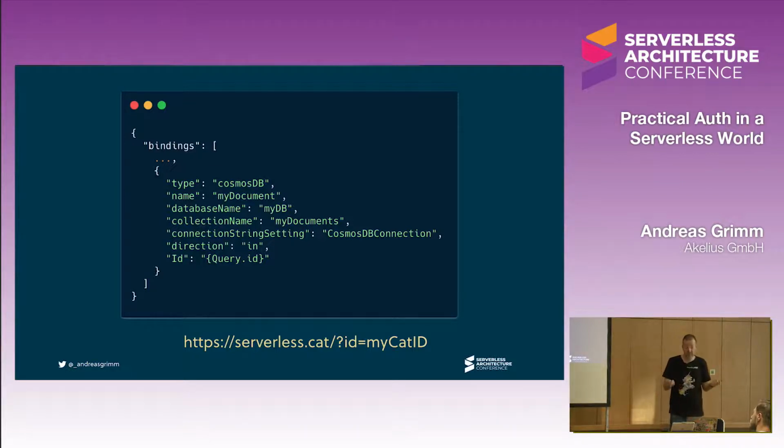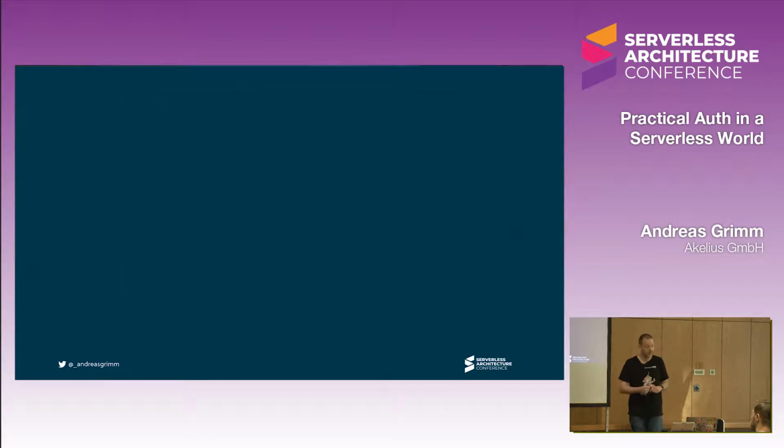This can be really convenient because you don't need to write the code. You don't need to instantiate an SDK that queries the database. So it's higher level. It's on this abstract level where you can simplify things even more.